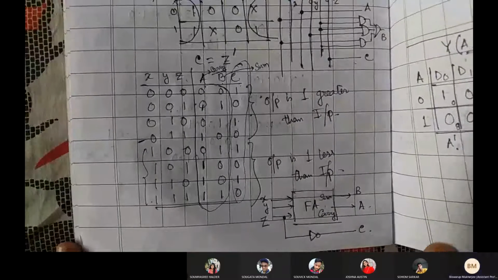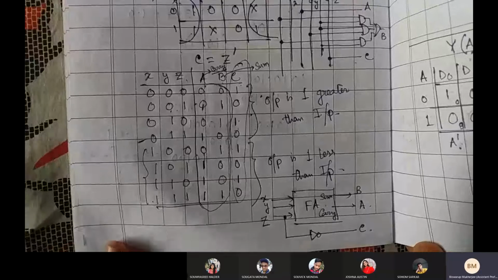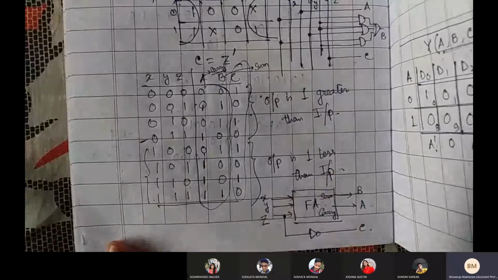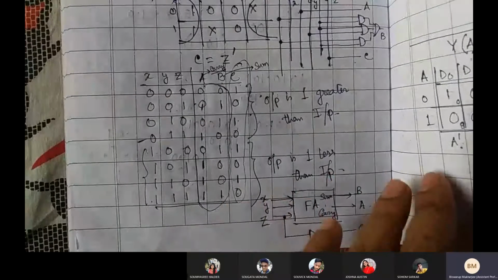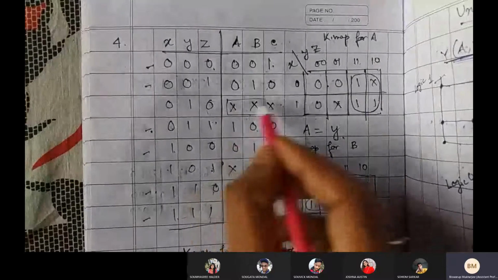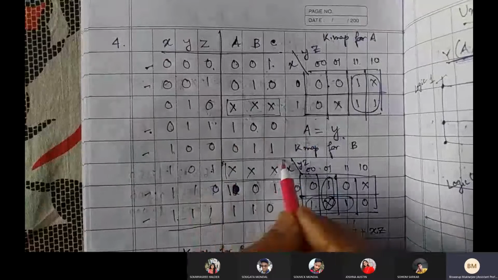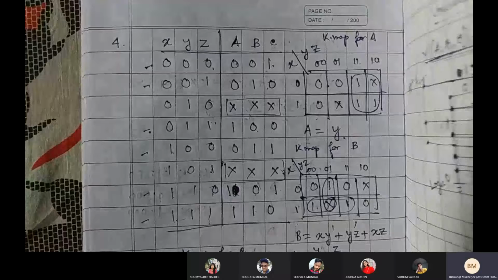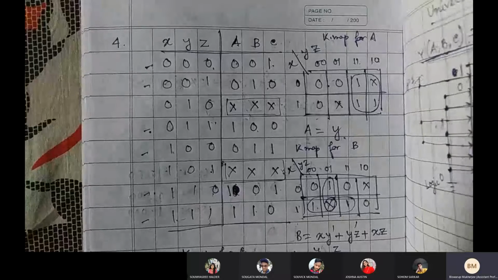I don't know how she made that one, but maybe in that particular book it is designed like that. But I have provided the problem a little bit different. I have just kept two positions as don't care so that the entire design can be different. I had given don't care. Okay, whatever.